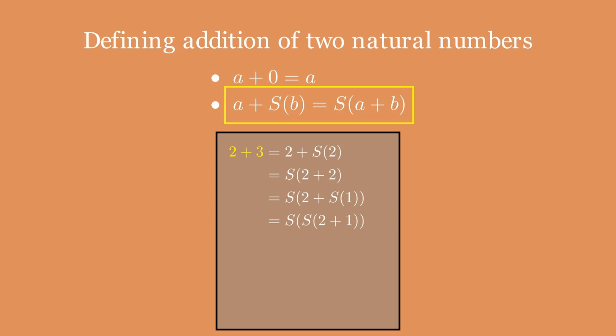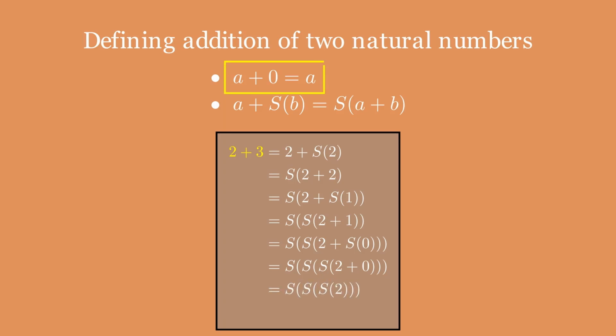We finally transform 1 to be the successor of 0 and apply the second property for the final time. Here we eventually use our first property and transform the successor mass into the number 5, giving us our answer.